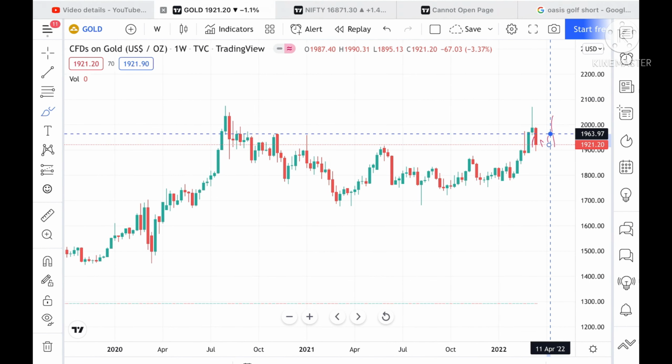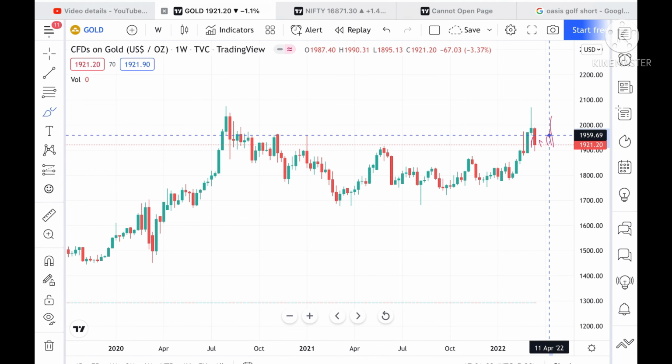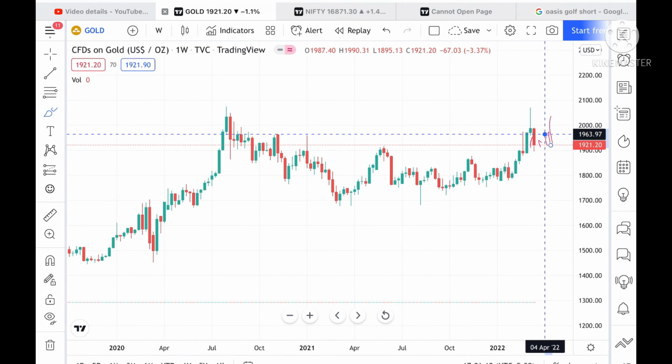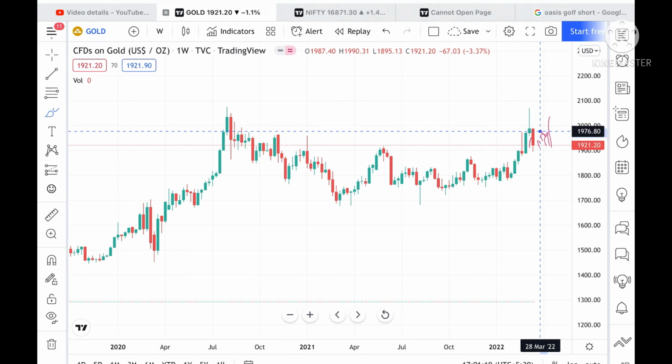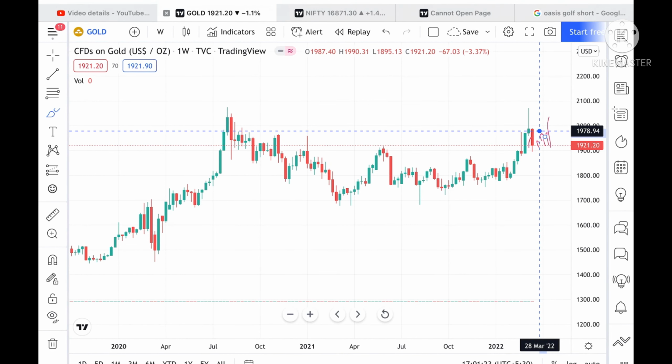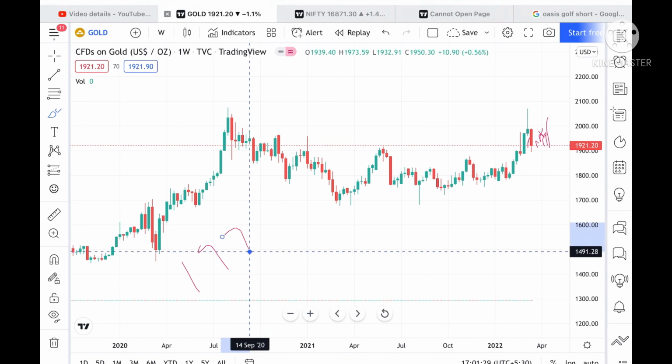If the price goes above a level of 1961, then this level is already being tested here, so the probability will be high that it can touch a level of 1966. Once it touches 1966, the probability of touching a level of 1978 is high, and from there it can move further upside if it sustains 1978.